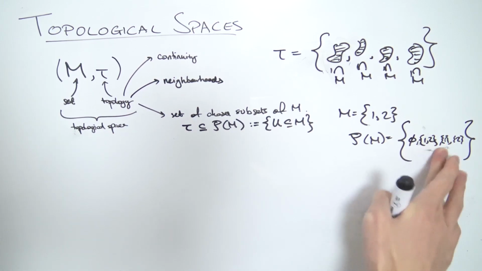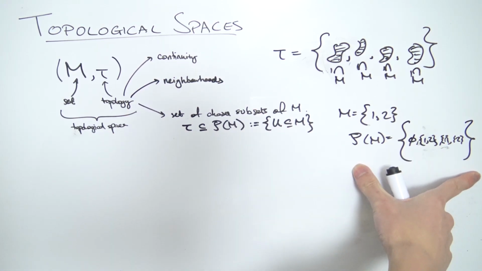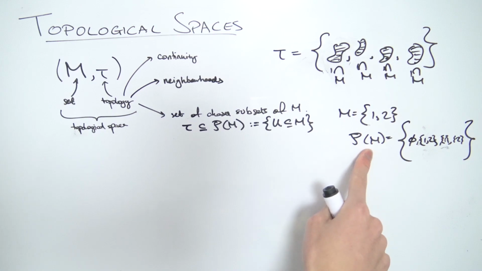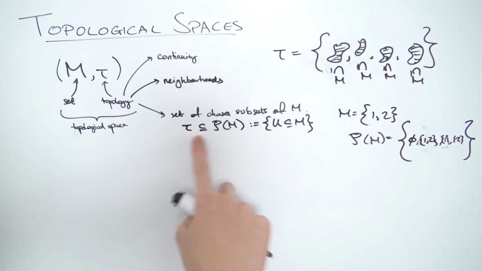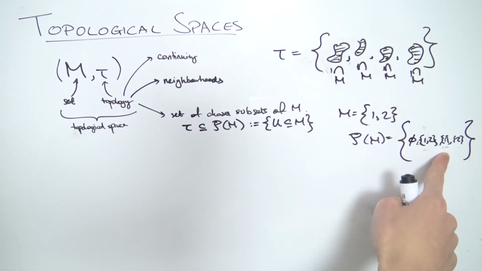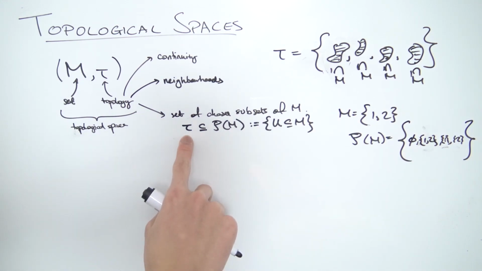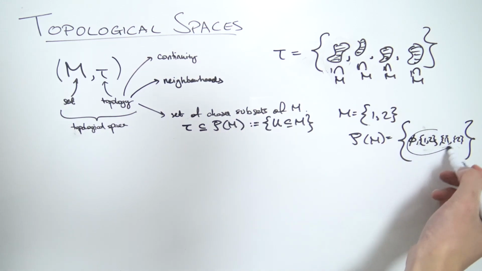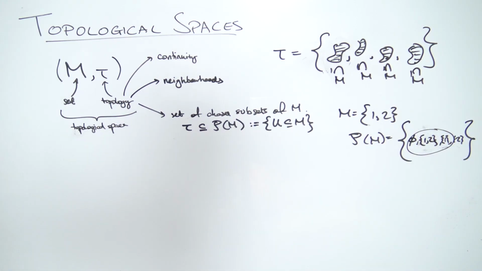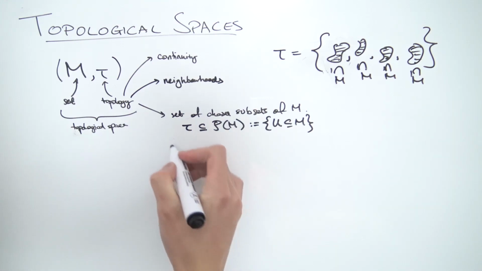The power set only contains subsets. So this is an example of a power set. Notice the power set lists all the possible subsets of your set M. But with the topology, you only choose certain ones that you want as neighborhoods. So that's why the topology is only a subset of the power set. You only choose a part of the power set. So that's what the topology is as a set.